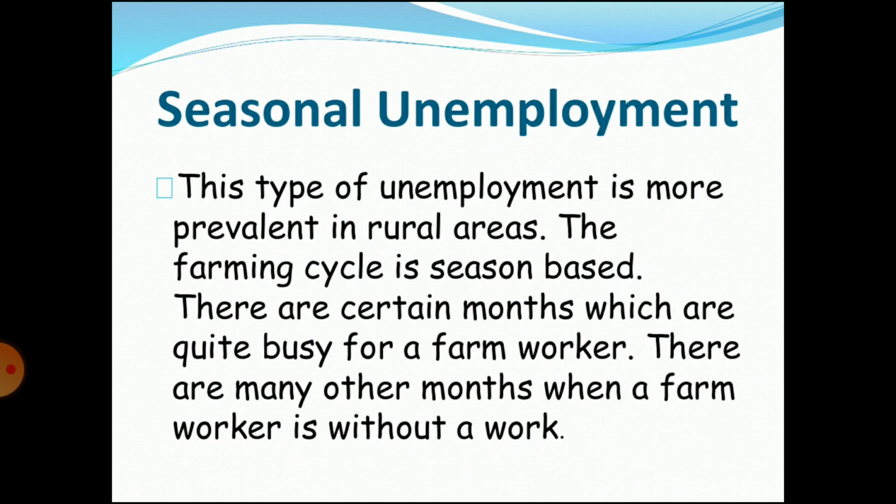So during this time their productivity becomes zero, although they are seen to be employed as farmers, in these months they are actually unemployed. So this type of unemployment is called seasonal unemployment. That means during a part of the year they remain unemployed, and their productivity becomes zero because they are left with no work.